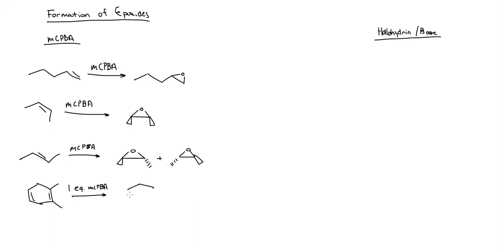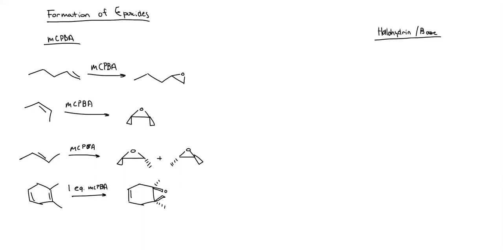That means the one on the right is more electron rich, so I'm going to form my epoxide there. Again, that's because it's more electron rich, it's more reactive. That's pretty much all the caveats for MCPBA.